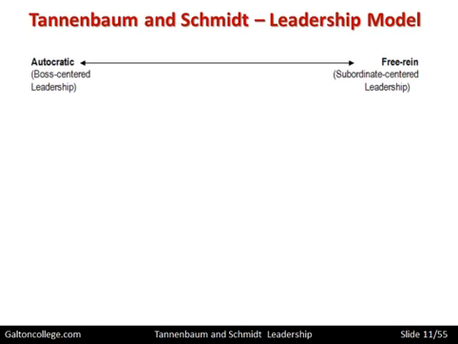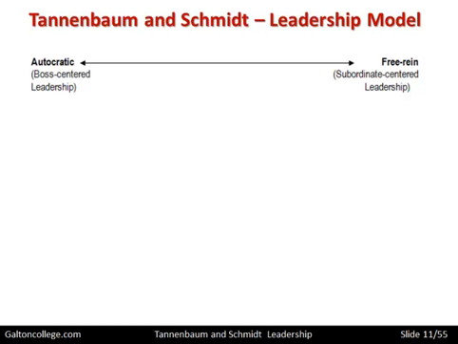So the spectrum I talked about earlier, well, it ranges from autocratic, that's the employees are not consulted at all. Autocratic means the management say exactly what's required and specify exactly what's required. To the other extreme, which is free rein, it's the employees determining what is required.